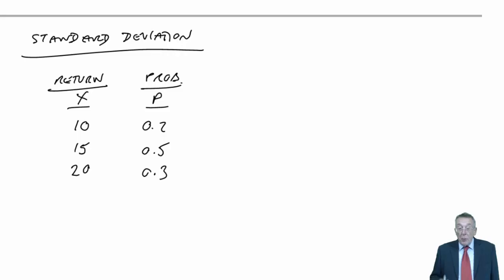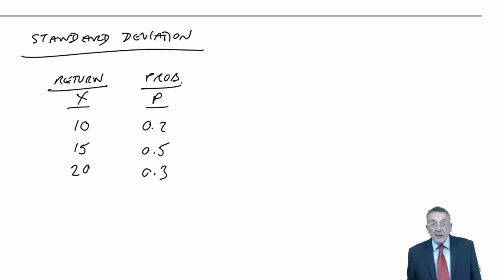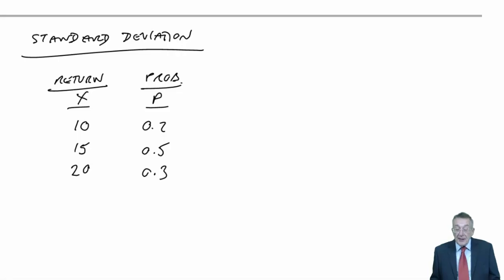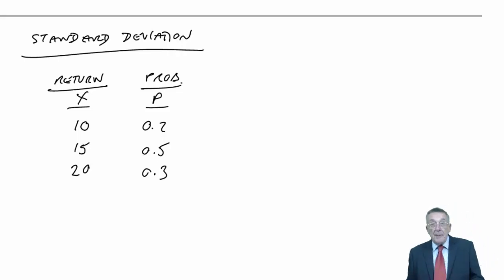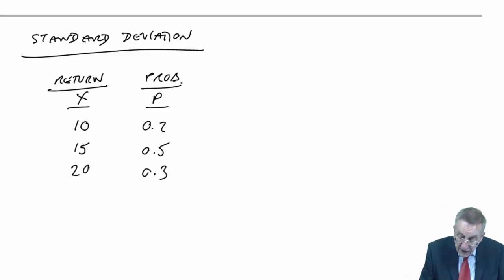Well, let's first of all work out the expected return. And of course, for expected return, expected value, we've done this enough times, we multiply the return by the probability and add up. So P times X. 10 times 0.2 is 2, 15 times 0.5 is 7.5, 20 times 0.3 is 0.6.